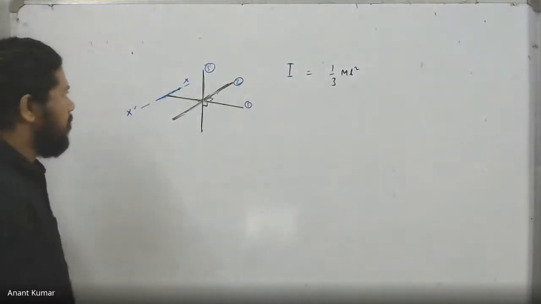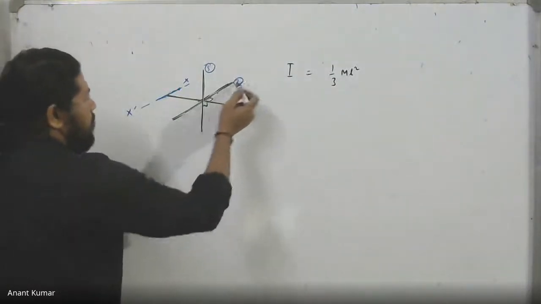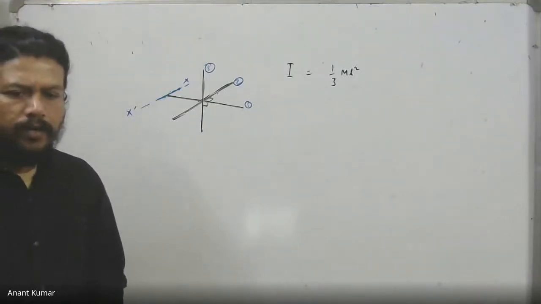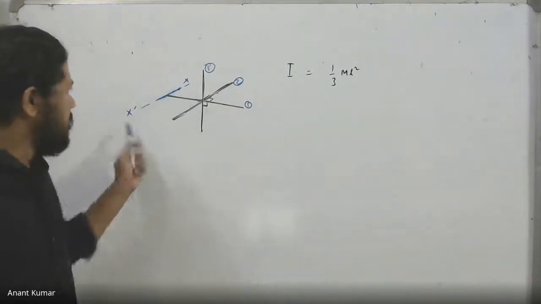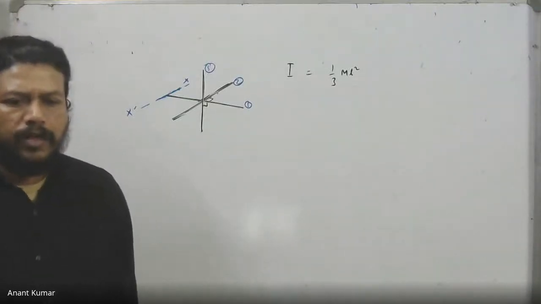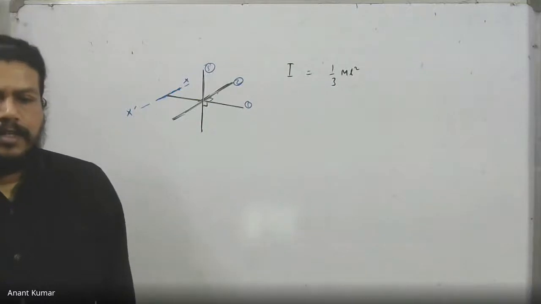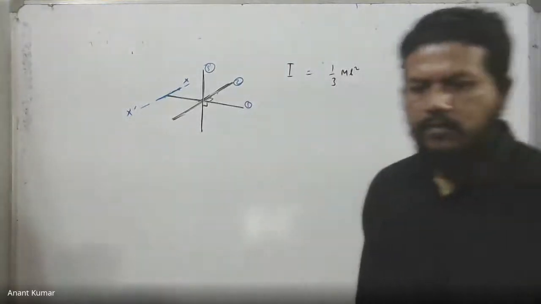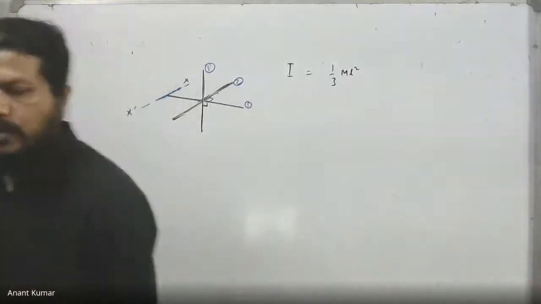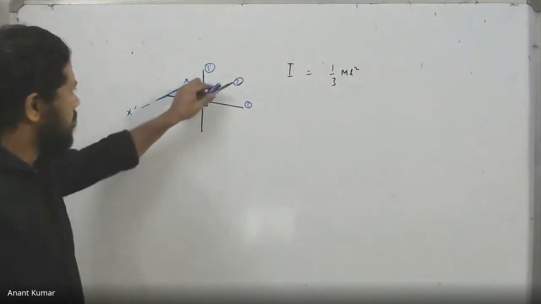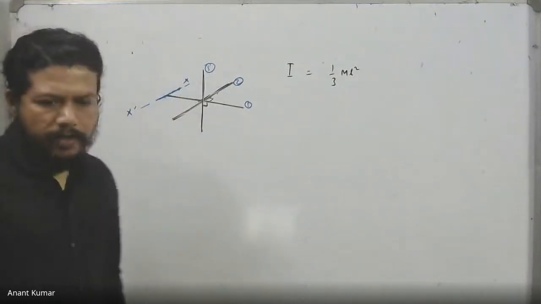If I look at rod number 2, what will be the moment of inertia about this axis? You notice that in this case, each point of the second rod is at the same distance. I find that this rod is parallel to xx prime.